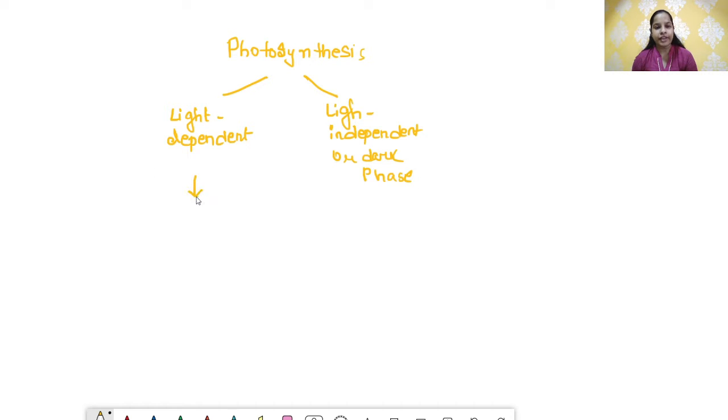Light dependent phase indicates that this phase will take place in the presence of sunlight, and the dark phase means that it will take place in the daytime only, but does not require light.